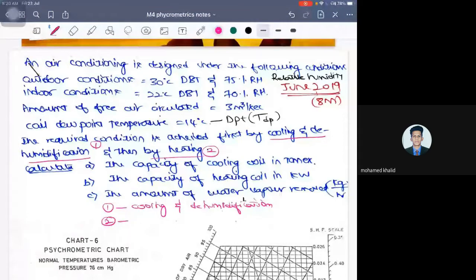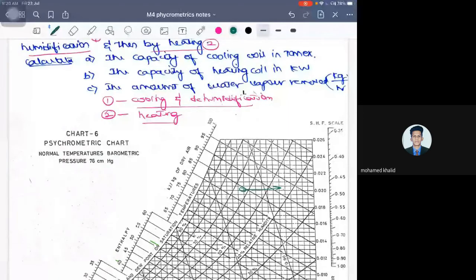Okay, so let me just clear the concepts before I start. As we have discussed, if something is going from left to right in a horizontal line on the psychrometric chart, something is going like this, from left to right. State 1 would be here, and state 2 would be here. So which process is that?